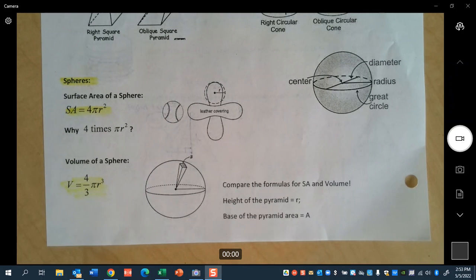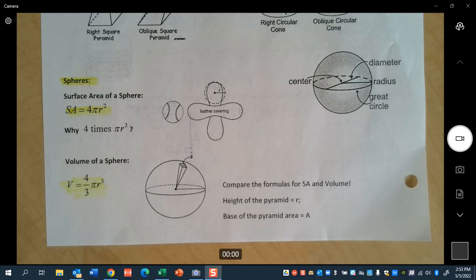What's interesting about the surface area of a sphere, if any of you play baseball or tennis, and you look at a ball, here I took this ball and I cut it apart. You can kind of see that that baseball or that tennis ball really is 4 little circles kind of stitched together.